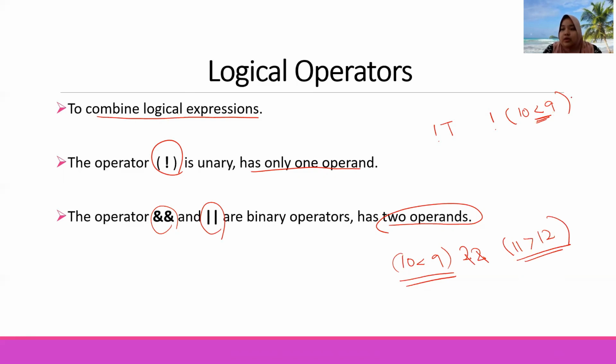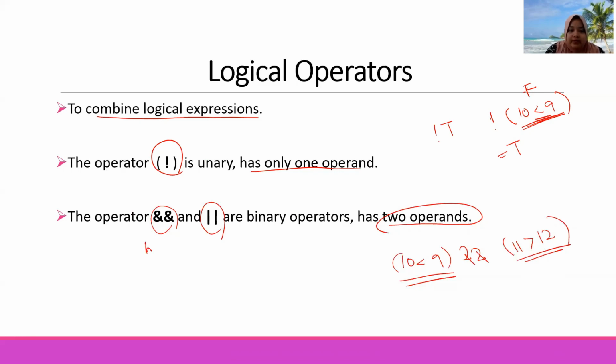No. So nilai yang dia akan bagi apa? True or false. Remember, true or false. 10 less than 9, so it becomes false. Okay, so ini dikatakan operator not, it just only have the one operand only. So not false, dia akan jadi true. Jawapan akhir dia. Okay, saya rasa semua pun dah familiar dengan benda ni.